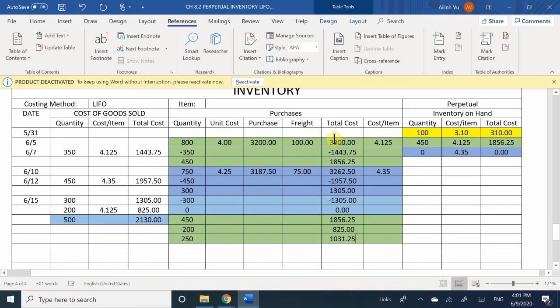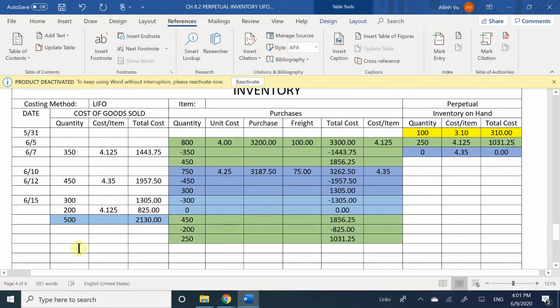That's what I got too. Perfect. Okay. Now we're going to go up here and fix this. So what is this? 250. Yes. And this is going to be 1031.25. Okay, good.